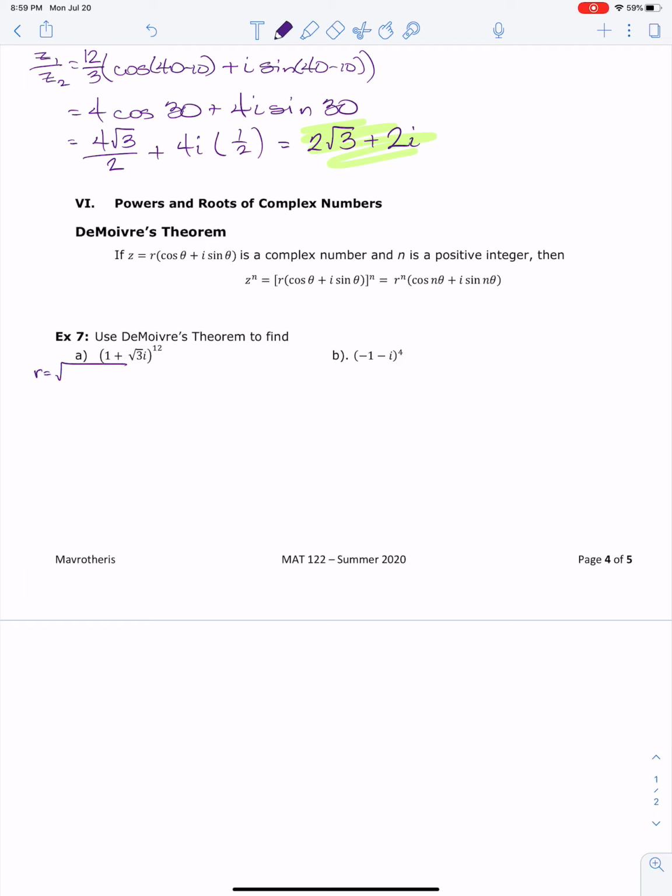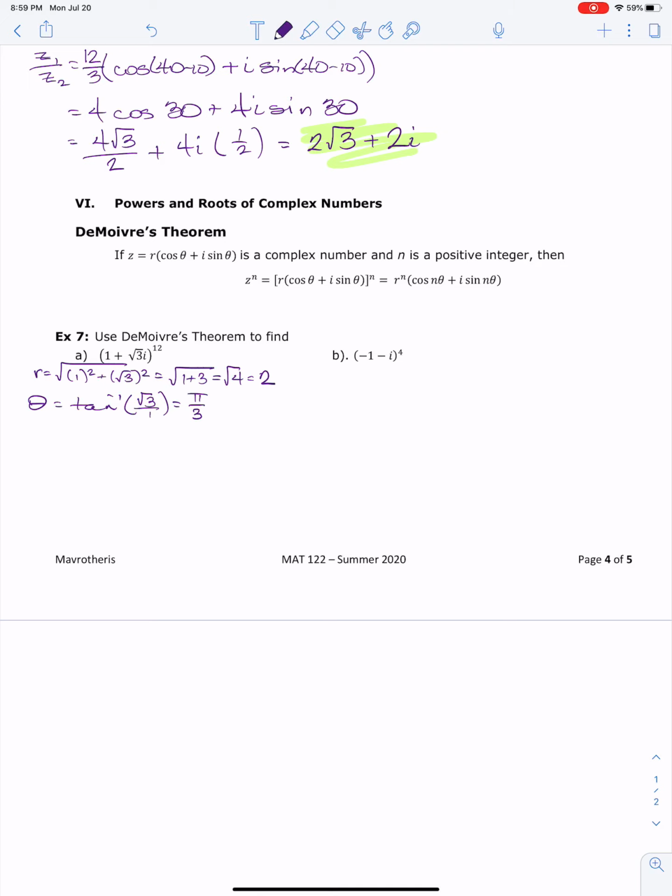I got r equals the square root of 1 squared plus square root of 3 squared, 1 plus 3, which is the square root of 4. So my r is 2. Theta is the inverse tangent of square root of 3 over 1, so square root of 3. That happens at pi over 3.